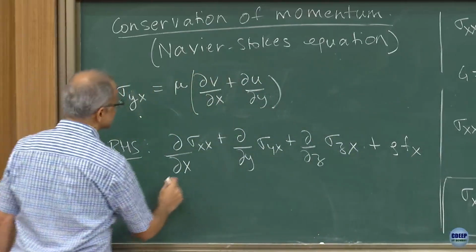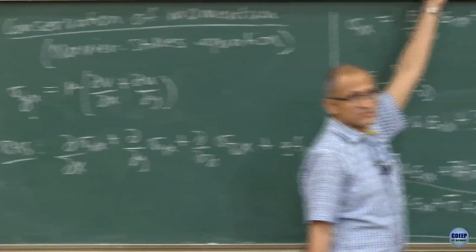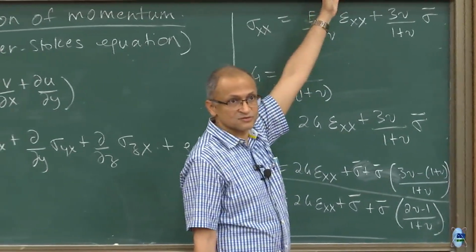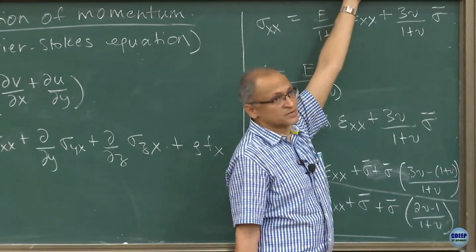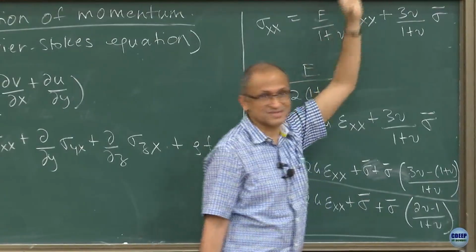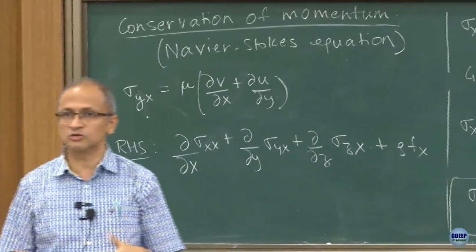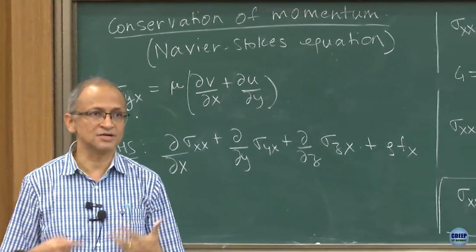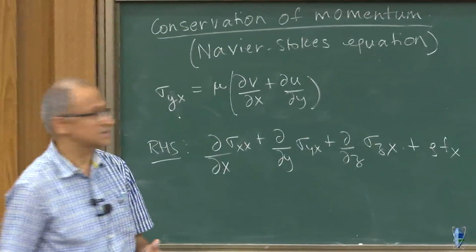So one thing which is very clear is what order of derivatives will get involved here. There are first order stresses here, and we said that stresses do lead to a force, but they do not lead to a net force. What leads to a net force is the gradients, right?